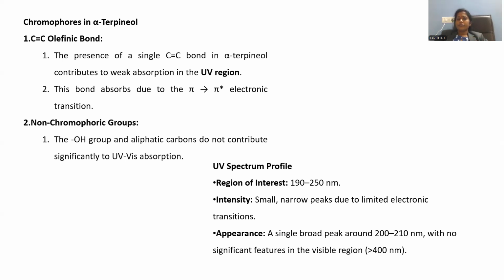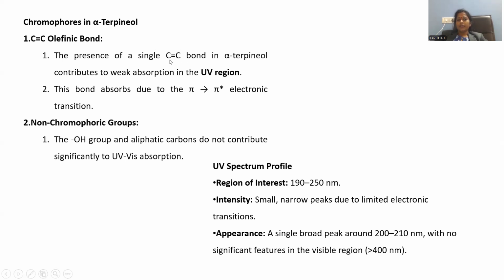By applying Woodward-Fieser rules, it is possible to identify whether conjugated systems are present in the molecule or not, and whether the double bond lies within the ring system or outside it. This is the data provided by UV visible spectroscopy. But in the UV visible region, weak absorption is noticed for this alpha terpineol.